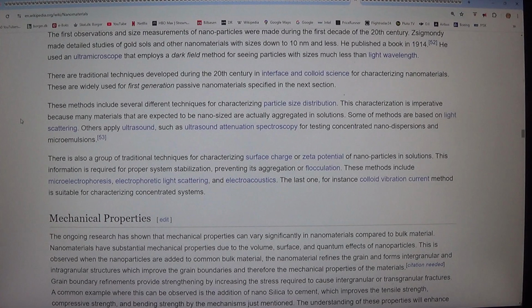This characterization is imperative because many materials that are expected to be nano-sized are actually aggregated in solutions. Some methods are based on light scattering. Others apply ultrasound, such as ultrasound attenuation spectroscopy for testing concentrated nanodispersions and microemulsions.